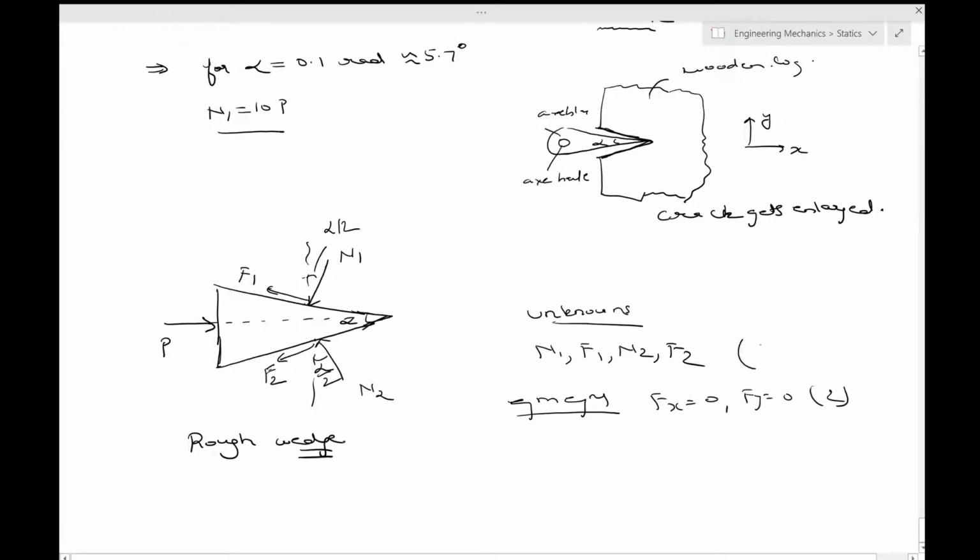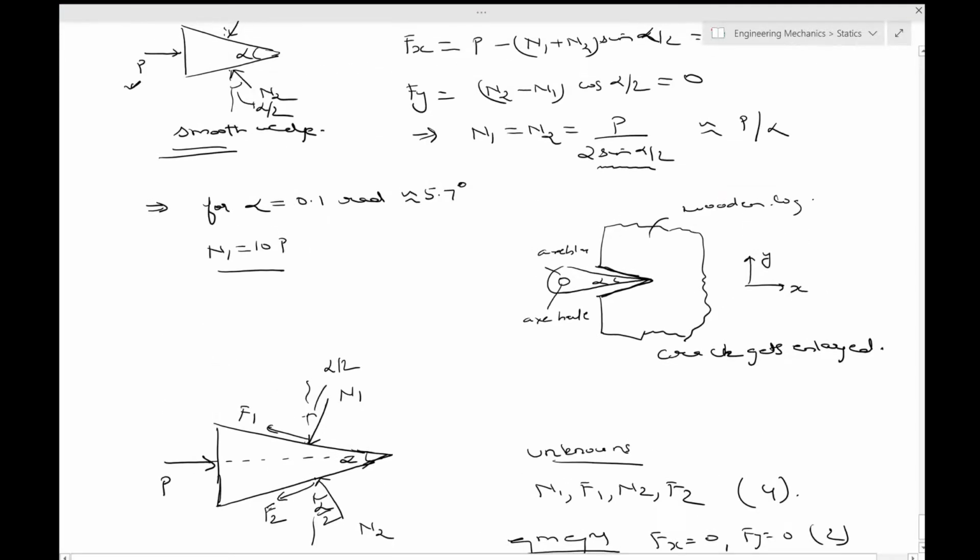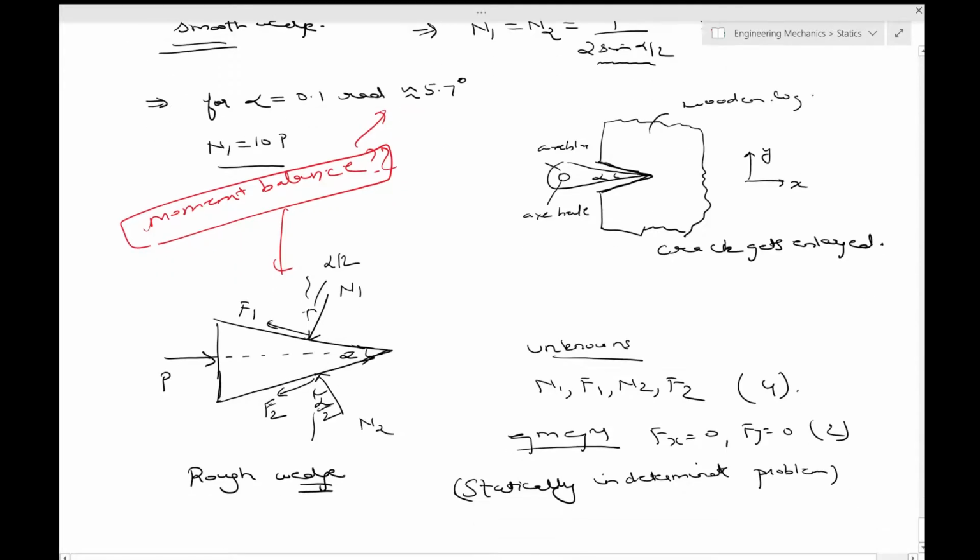So 2 equations and 4 unknowns. So this becomes a statically indeterminate problem. I mean, you should also think about the moment balance in both of these examples. I'm putting a question mark in both this smooth and the rough one.